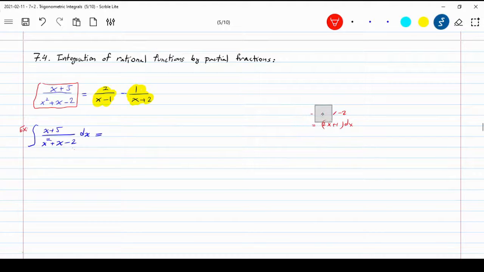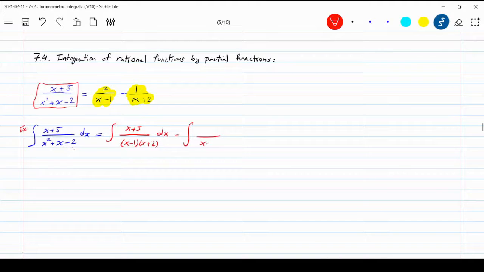First, you should check the denominator to see if it's possible to factor it. So can I write x plus 5 divided by the denominator in terms of factors? You can factor it as x minus 1 times x plus 2. Then the question becomes, can I write this as two separate fractions?